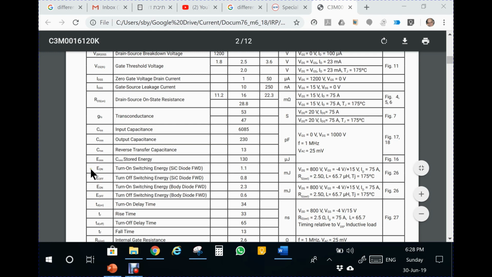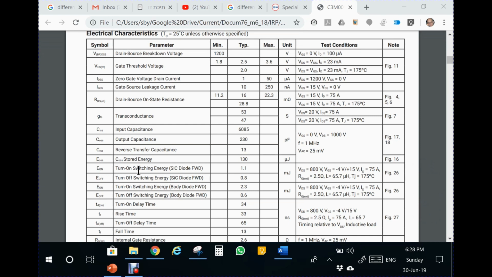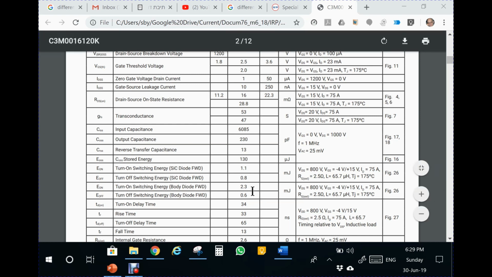Okay, and these are energies at turn on and at turn off, and the values we are talking about are around 1 millijoule, depending on turn on and turn off. And at turn off, we see that here it's only 0.6, and here it's much larger. This is with the body diode.